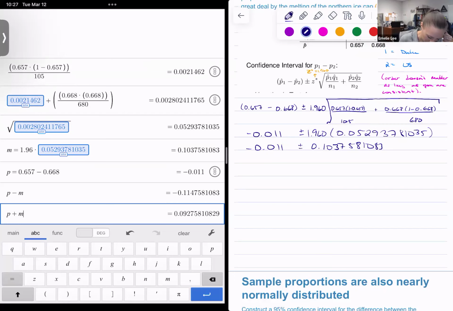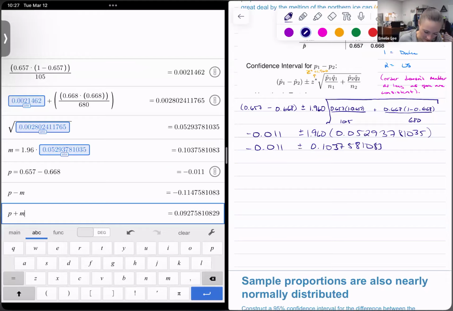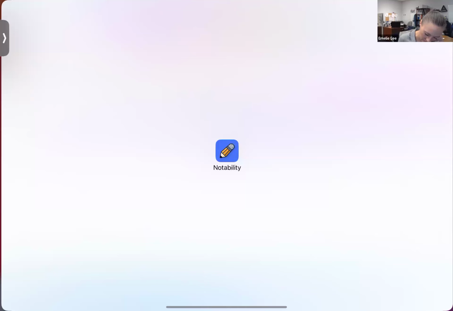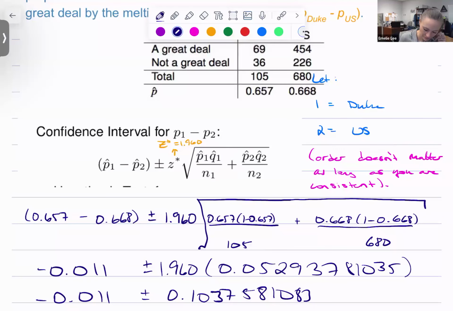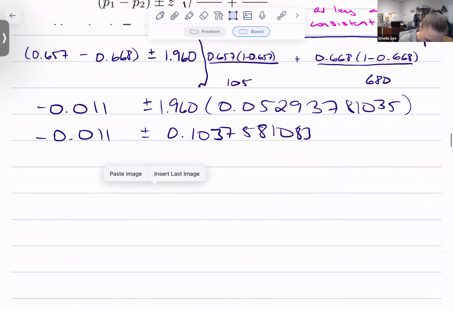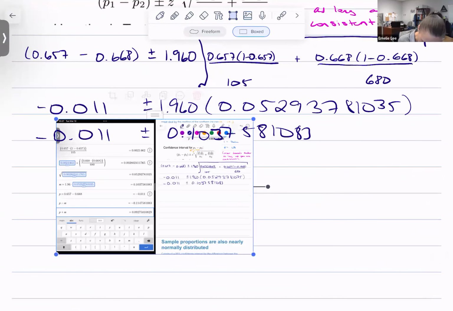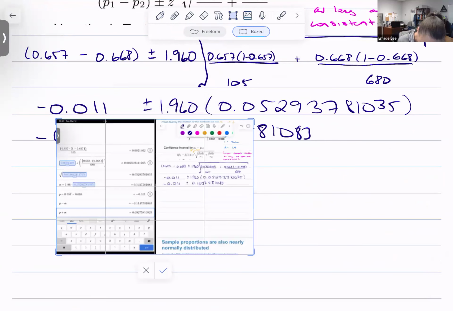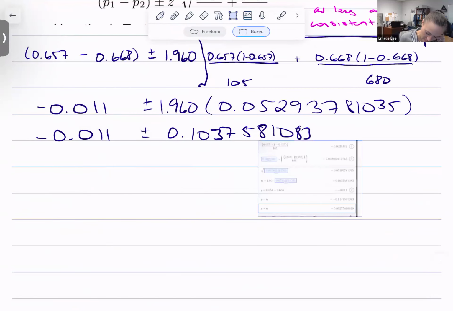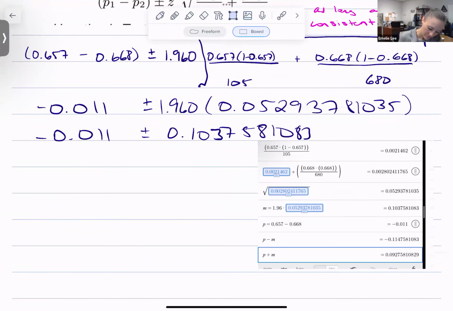Okay. And so I'm going to screenshot this and bring it in and scoot this over. Oops, crop it. So I'll just have it there so you can reference it. And we get an interval from roughly, I'm going to use 3 decimal places.